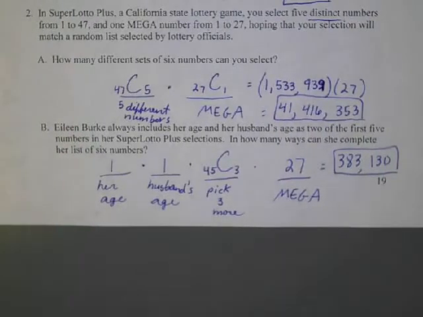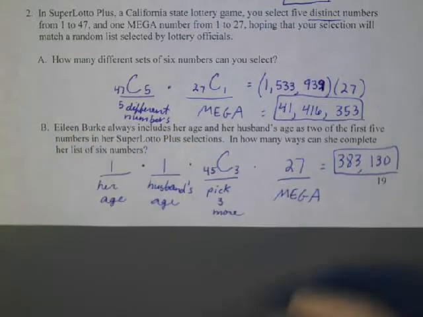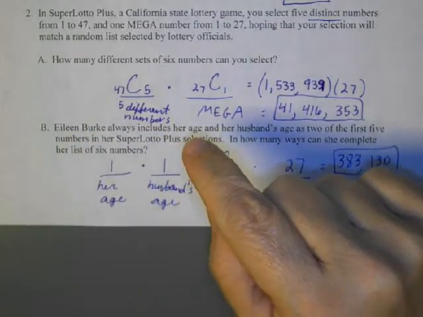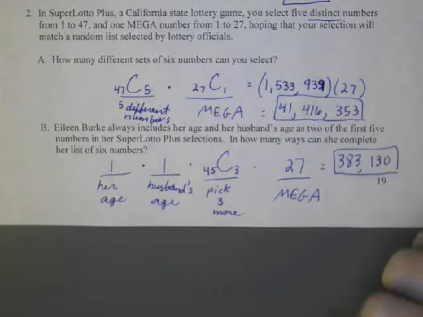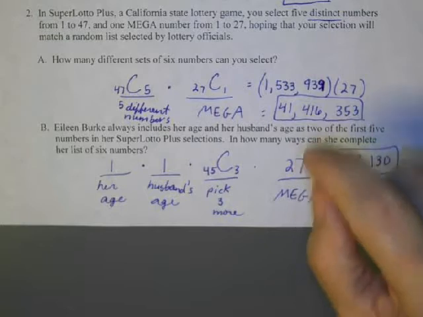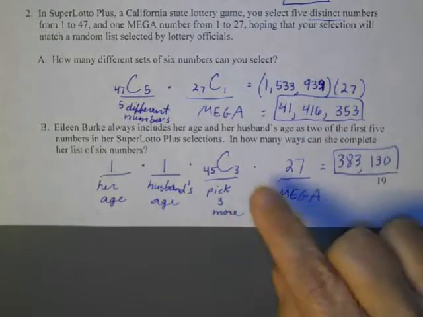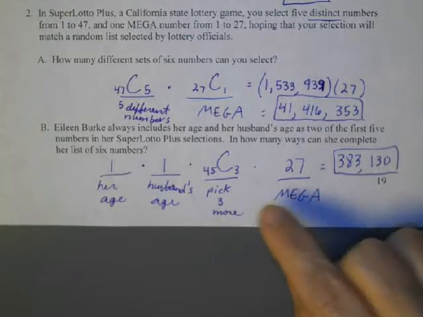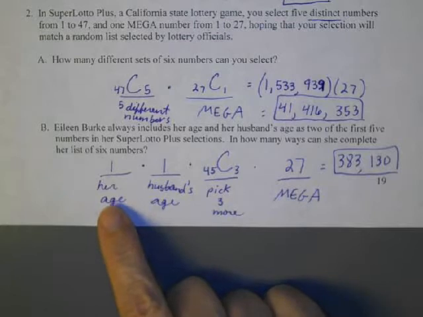Now let's change it a little bit. Let's add a condition. So Eileen Burke walks into the gas station and she tells the clerk her age. She tells the clerk her husband's age. Then she picks any 3 remaining numbers from the first set, and then she still has to pick her mega number. So this is actually a 4-part task because she tells the clerk her age.